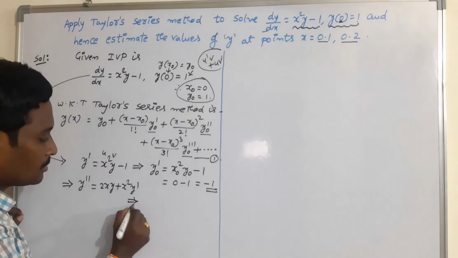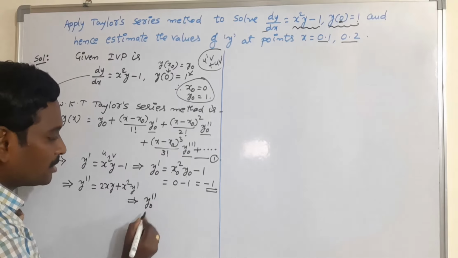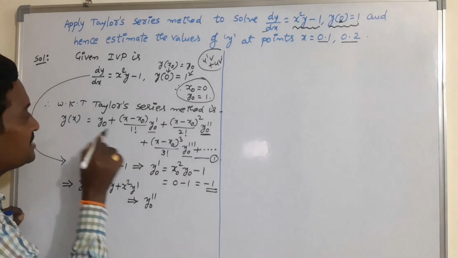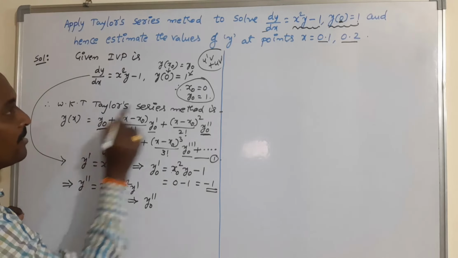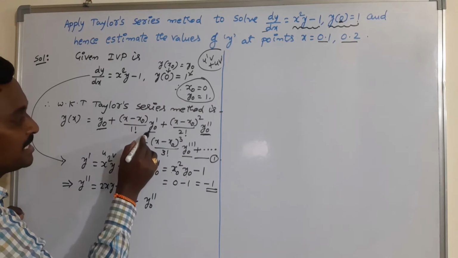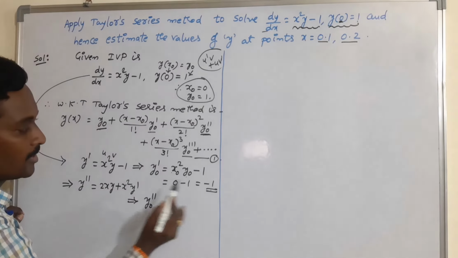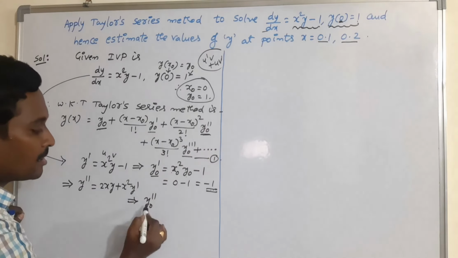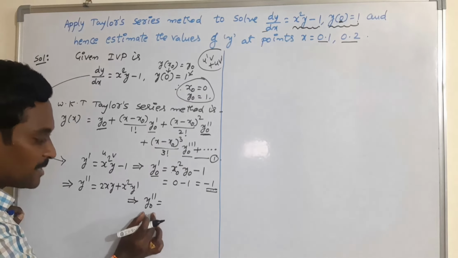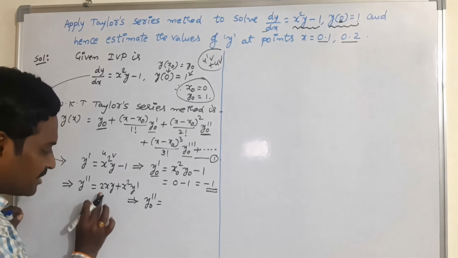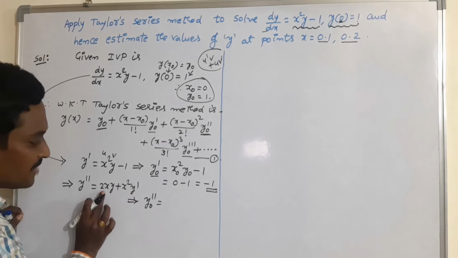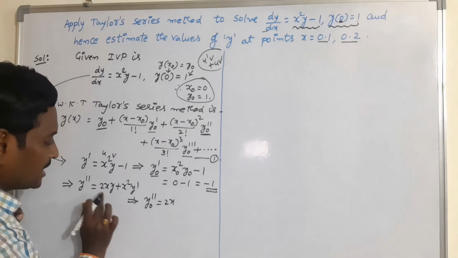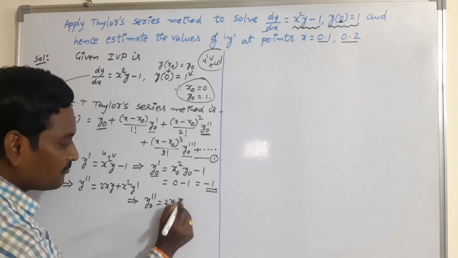Okay, so now we have to find out y naught double dash. In Taylor series method already we know y naught from the data and recently we got y naught dash. y naught dash is minus 1. So the expression for y naught double dash is, whenever we have a variable you should write suffix 0 here, 2x naught y naught plus x naught square into y naught dash.